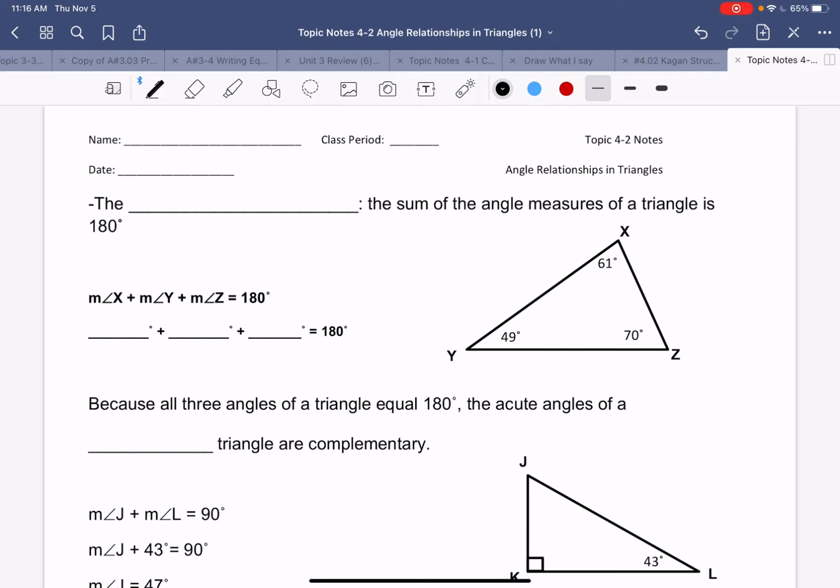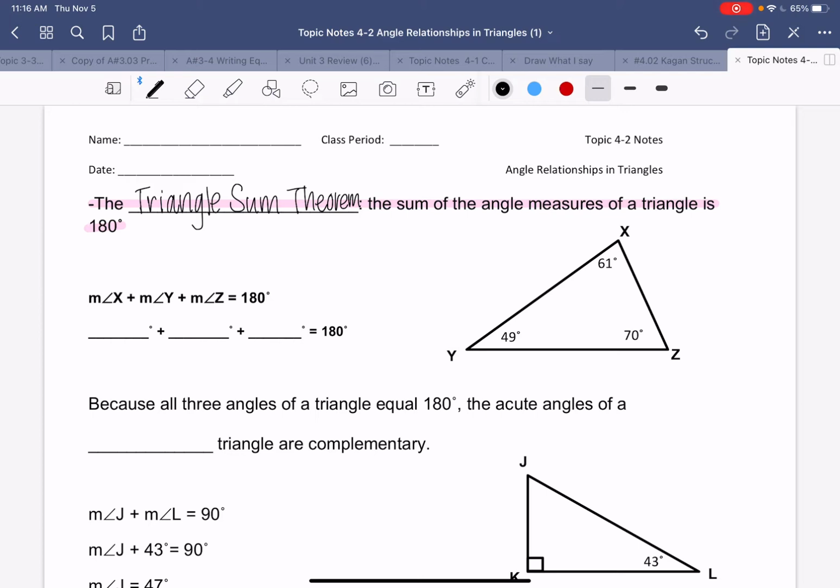So the first thing we're going to go over is the triangle sum theorem. Okay, the triangle sum theorem states that the sum of the angle measures of a triangle is 180.